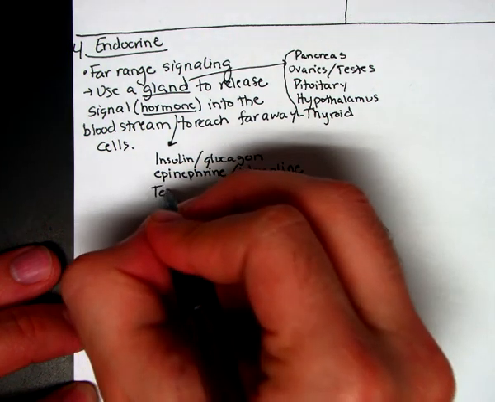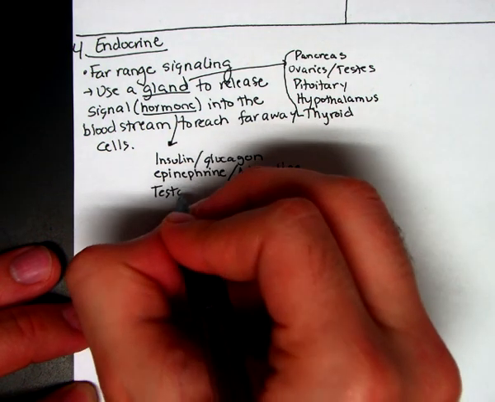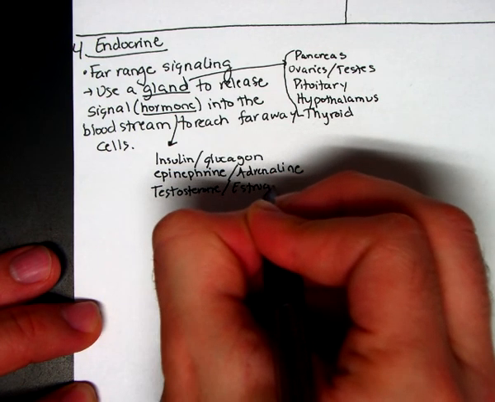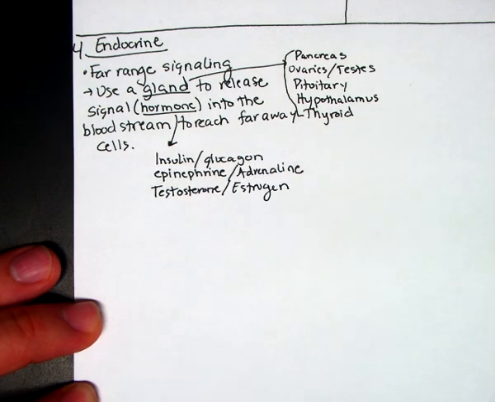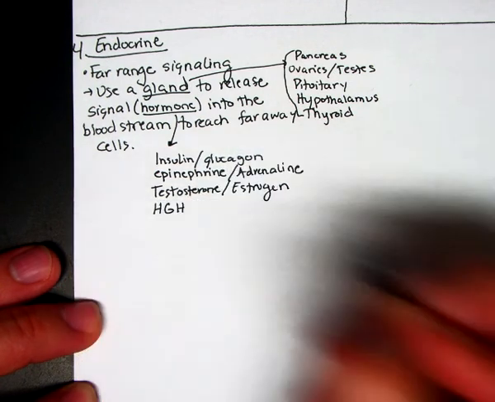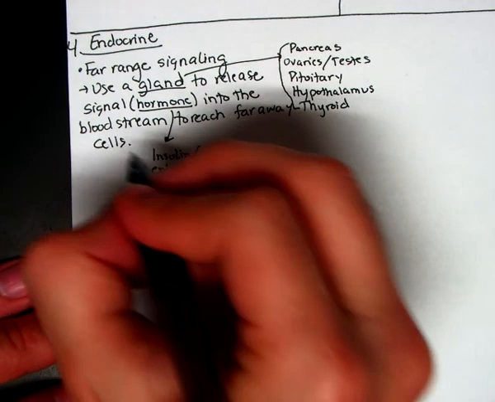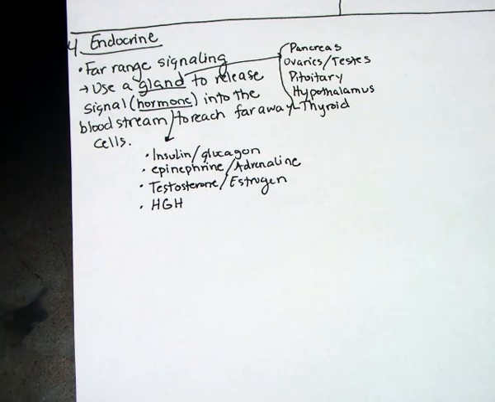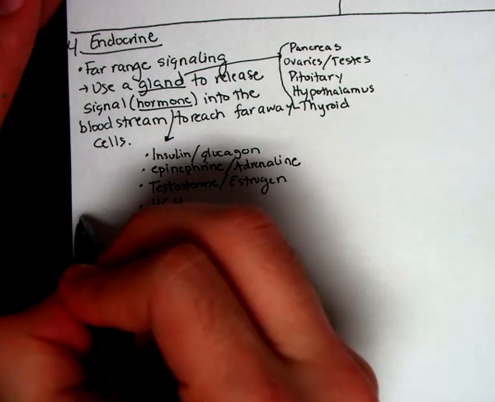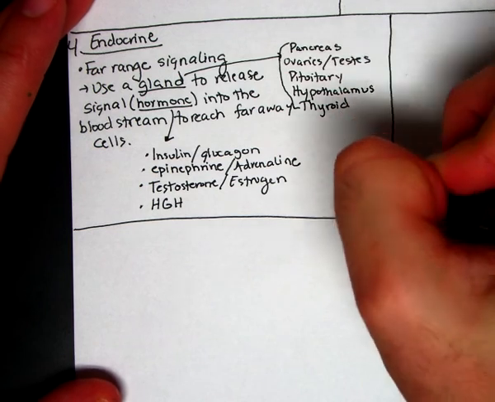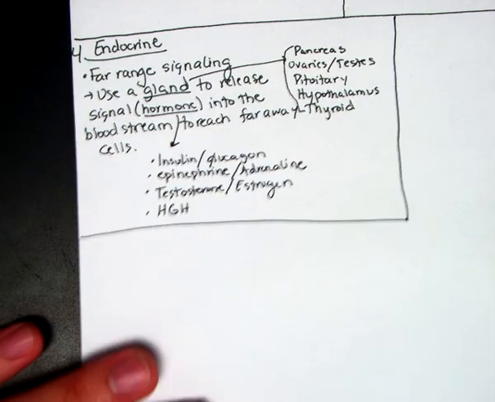We have testosterone, or estrogen, and human growth hormone, or HGH. So different types of hormones, okay? They all do different things, but those are some key examples.